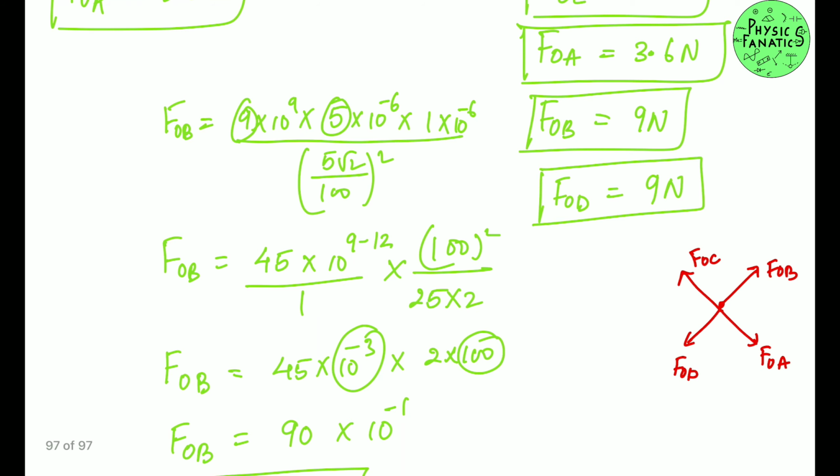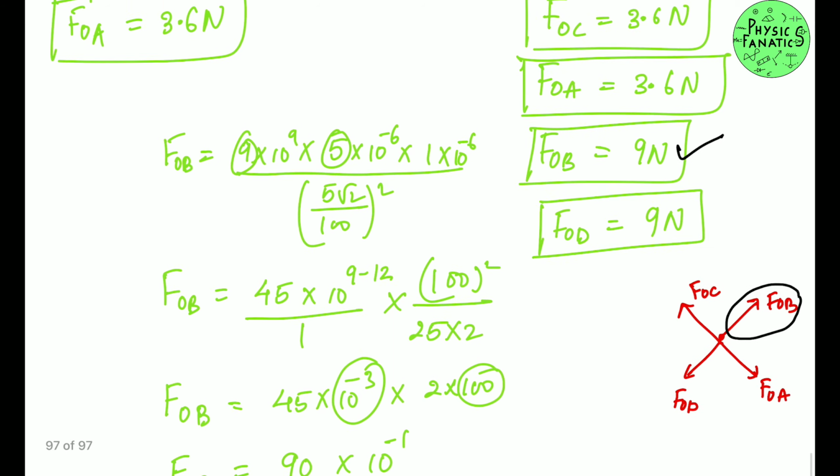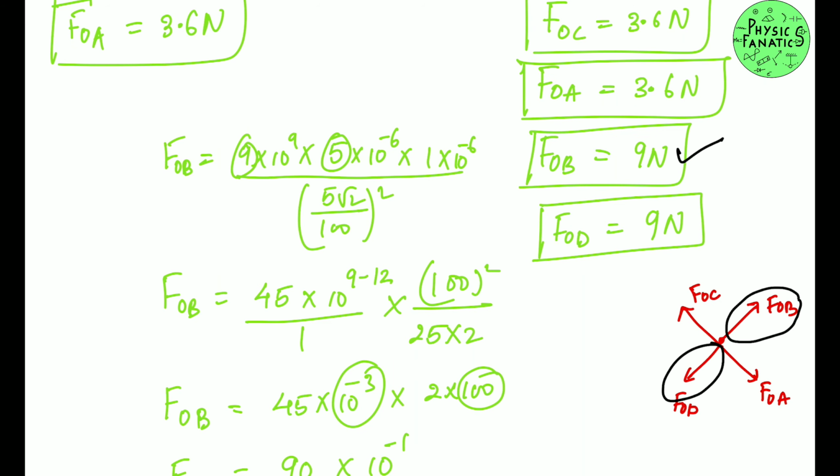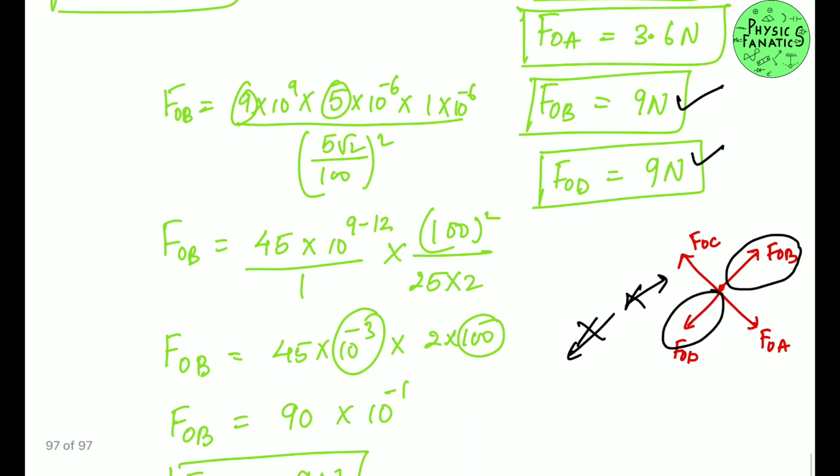Can you guys see here? FOB, that is 9 Newton, and FOD, that is also 9 Newton. They are equal and opposite. So they will cancel each other out. So the net force in this direction will be 0.